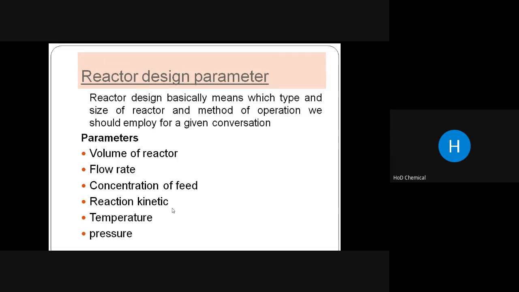Flow rate is also a factor, as we feed the reactors at a certain flow rate. So these are the six parameters involved in reactor design: the volume of the reactor, flow rate, concentration, kinetics, temperature, and pressure.